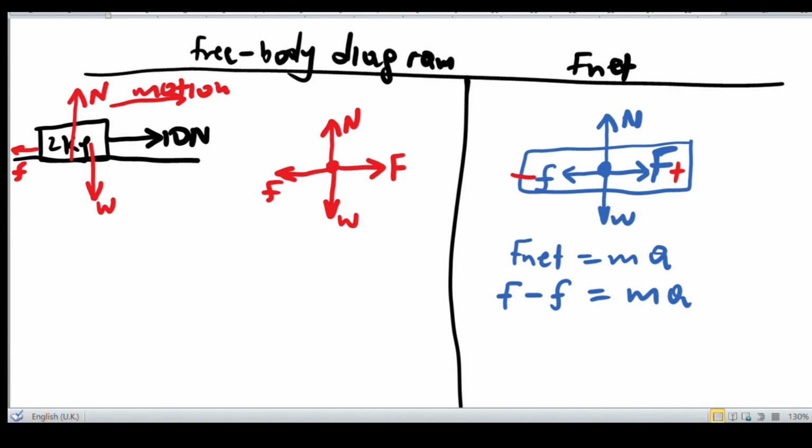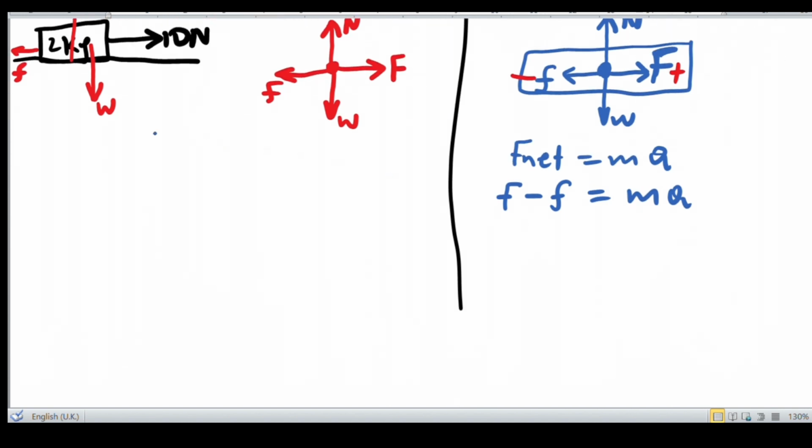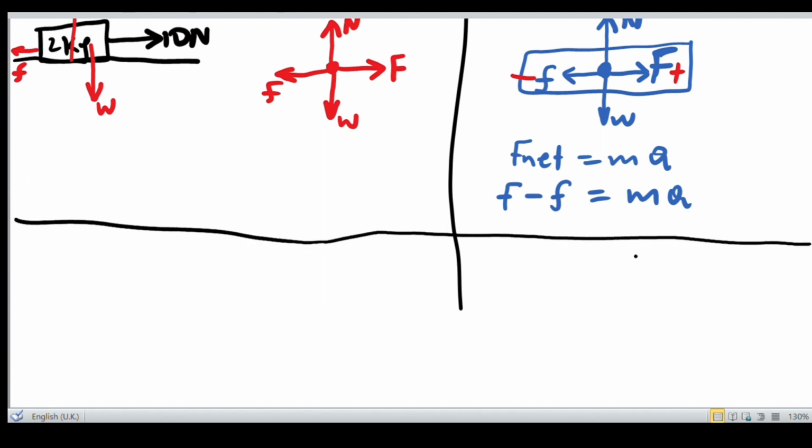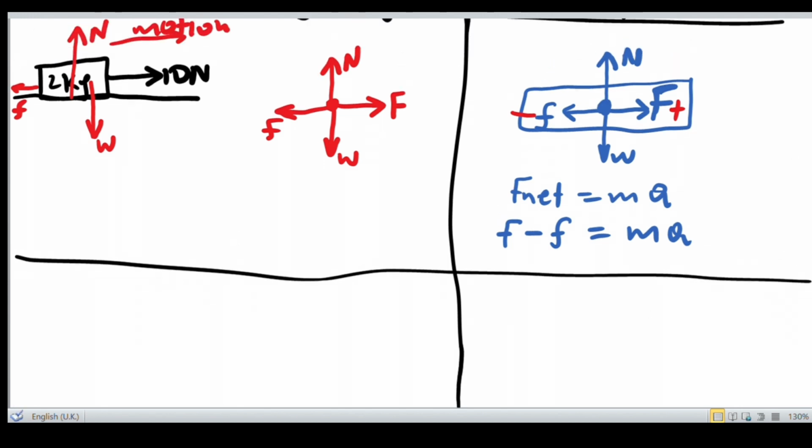Okay, now let's look at another type of question. Oh, I didn't finish. Let's also check the normal force. If we talk about the normal force, we have vertical forces. Okay, let's just take up as positive.